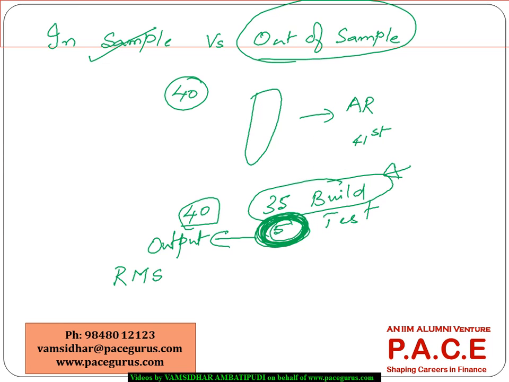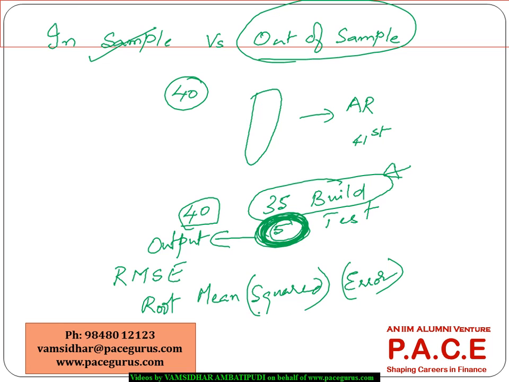So what I can do is find out the root mean squared error. What is this? The error is the difference between the predicted and the actuals, squared. Take the average of that and take the square root because we have squared it.